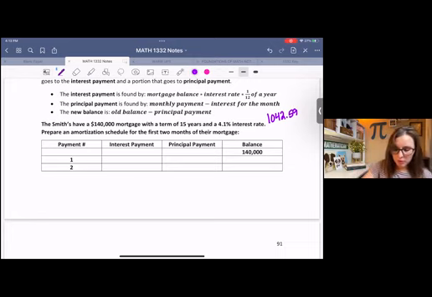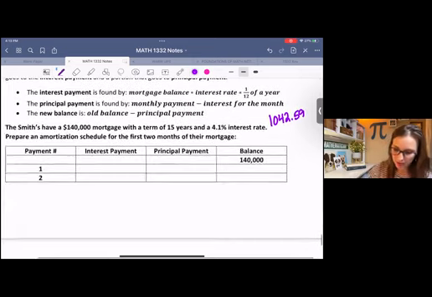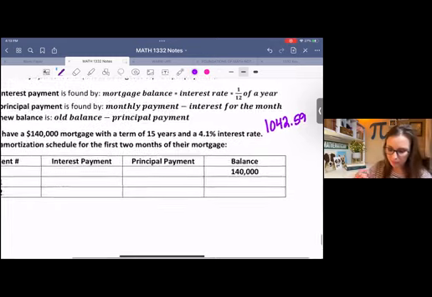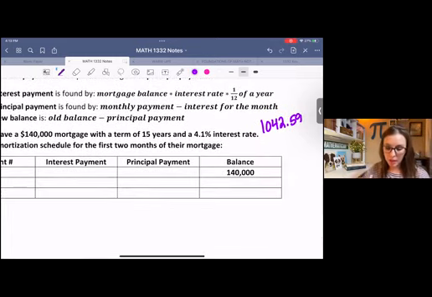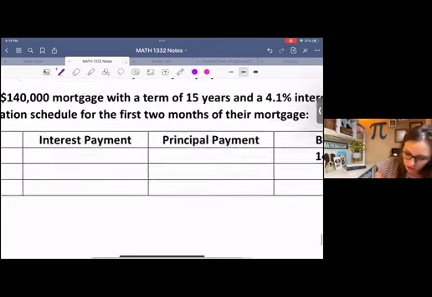So I have the formulas up here as to what we're looking for. In your first payment, we're trying to figure out how much goes to interest. So you take what you owe, the mortgage balance, which is $140,000.